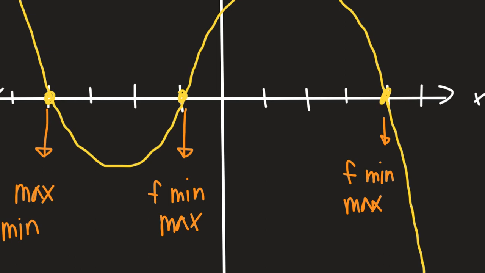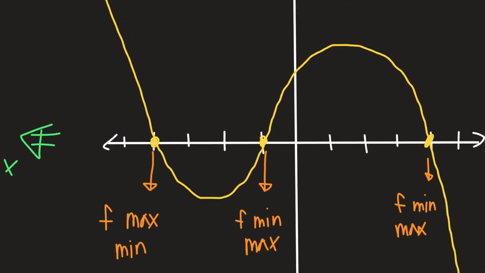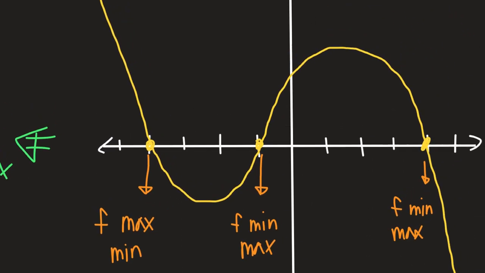So to decide whether it's a minimum or maximum, we're going to look at the y values. If we have a y value that's positive, this is the slope. If our slope is positive, that means your f function is increasing.